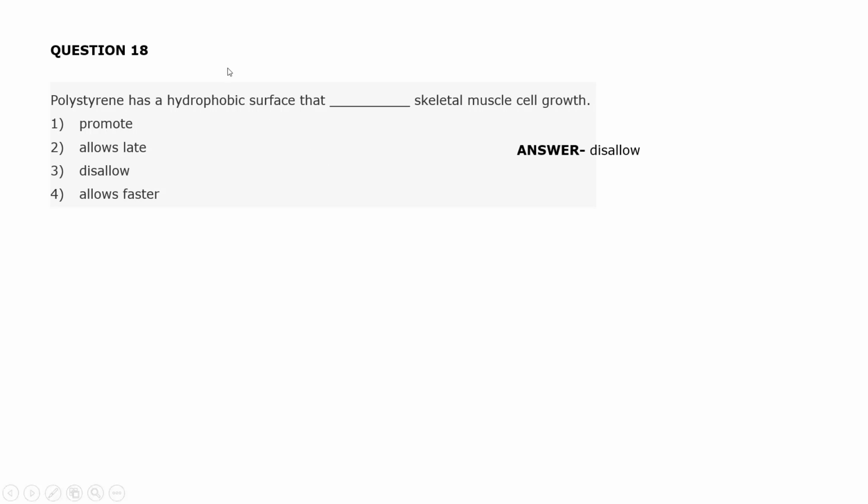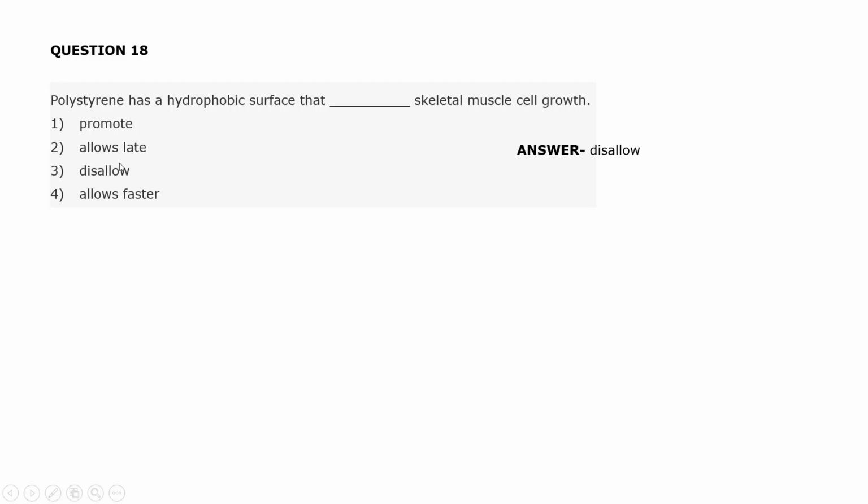So a hydrophobic surface does not promote this. You need a hydrophilic surface, in the presence of natural polymers like collagen or artificial polymers like poly-L-lysine or poly-L-arginine, because in order to promote binding to the extracellular matrix, protein interactions with the integrin of the skeletal muscle cell need to take place, so that it binds and then starts to proliferate as well as grow.